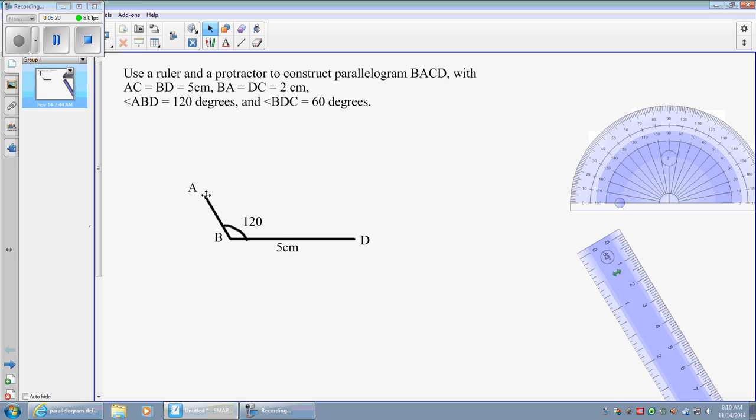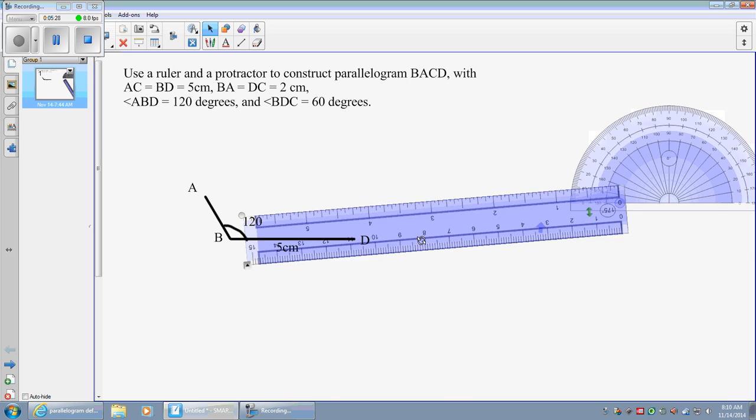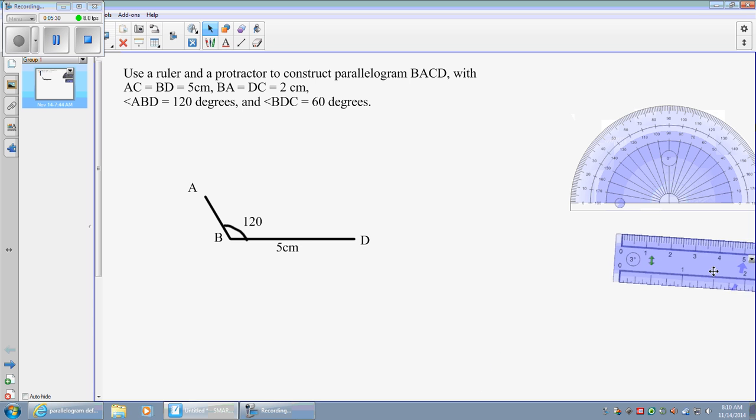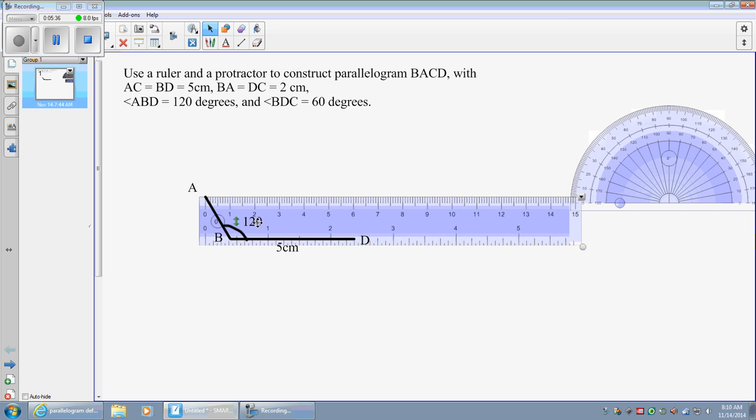We're almost done. Next, we do know that line AC is 5 centimeters. We have point A. We know it's going to be parallel with this line here because we know it's a parallelogram. So I can now take my ruler and measure, oops, and draw a 5 centimeter line.